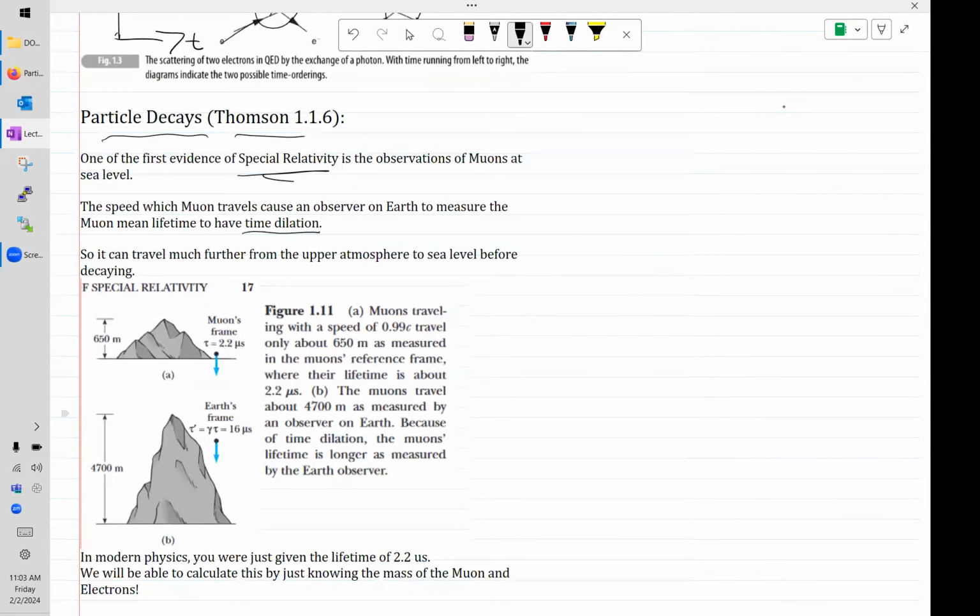Instead of the muon decaying in 2.2 microseconds in its own frame, in Earth's frame of reference it lasts 16 microseconds. Therefore it can make most of the way down to the surface. Instead of traveling only about 600 meters, it can travel about 5,000 before it decays.